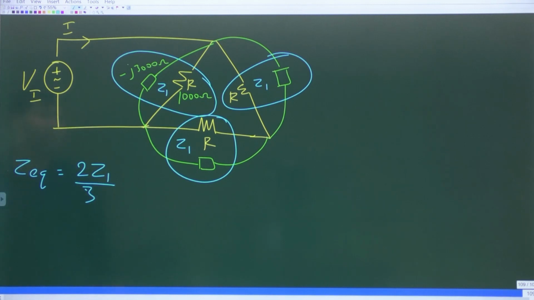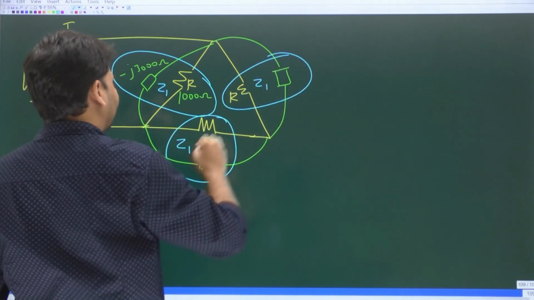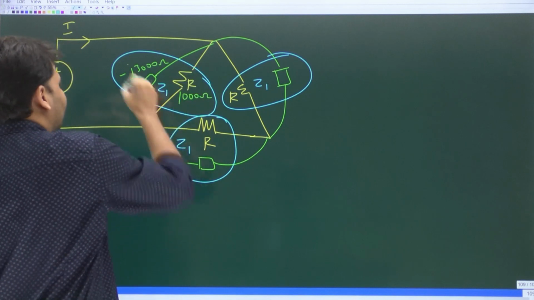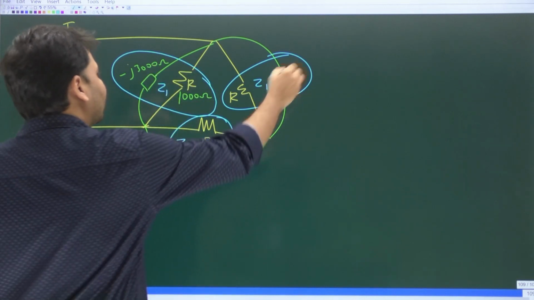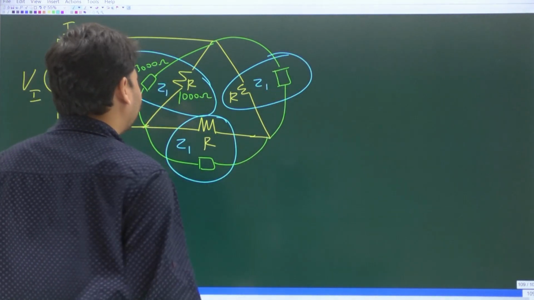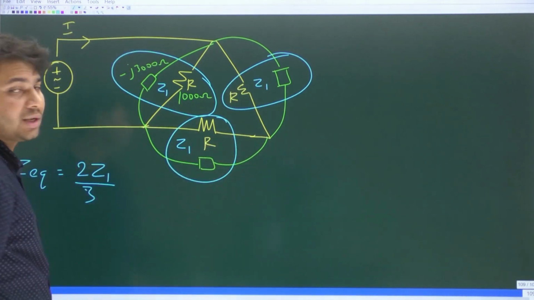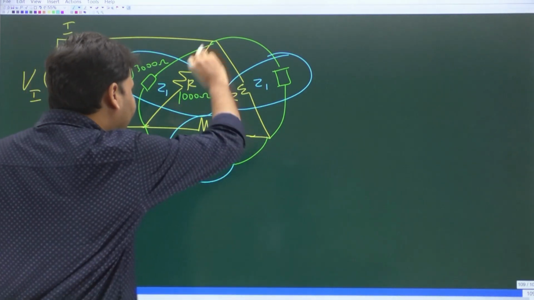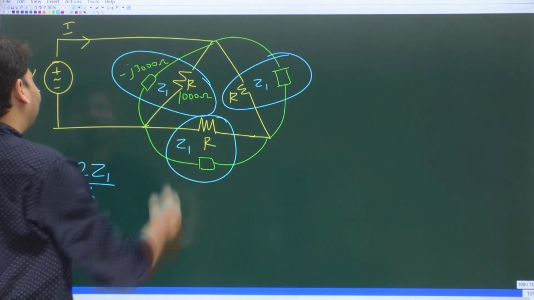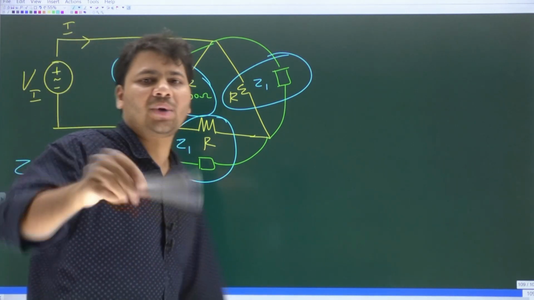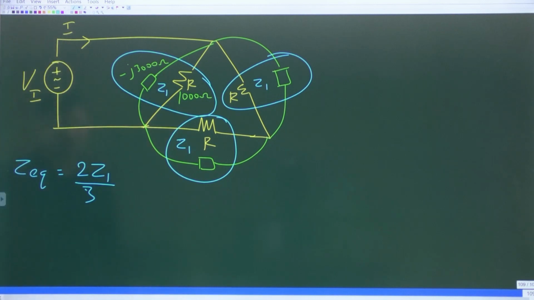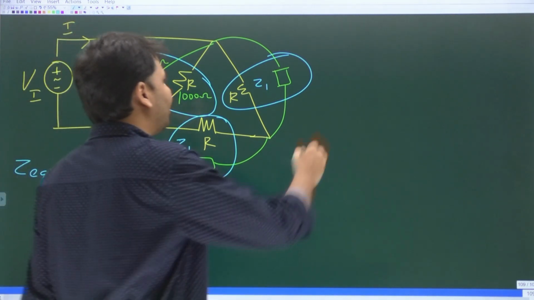I hope this is correct. So these two will become Z1, these two also will become Z1, these two also will become Z1. Then this Z1 and this Z1 are in series, giving 2Z1, and this 2Z1 is in parallel with this Z1. 2Z1 parallel Z1 is 2Z1 by 3. So we just have to find Z1.